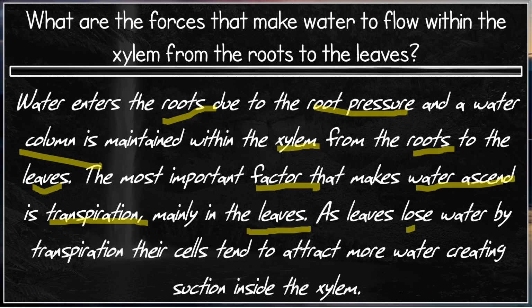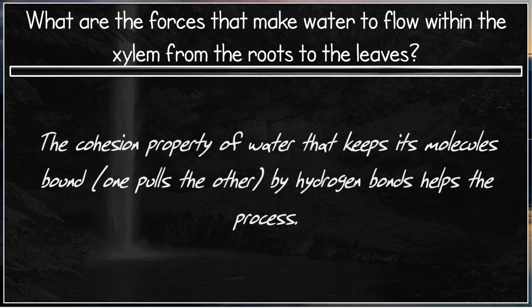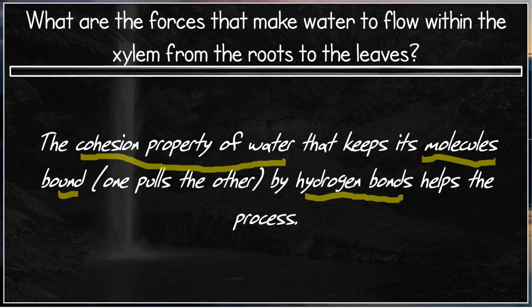The leaves lose water by transpiration. Their cells tend to attract more water, creating a suction inside the xylem. The cohesion property of water, which keeps its molecules bound, one pulling another by hydrogen bonds, helps the process.